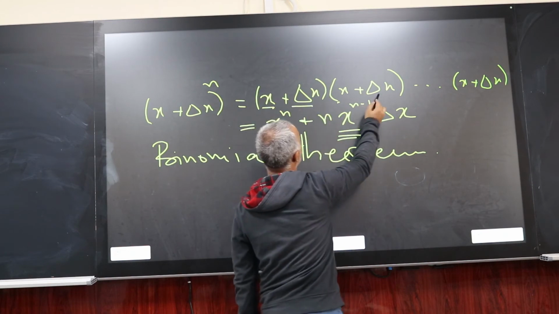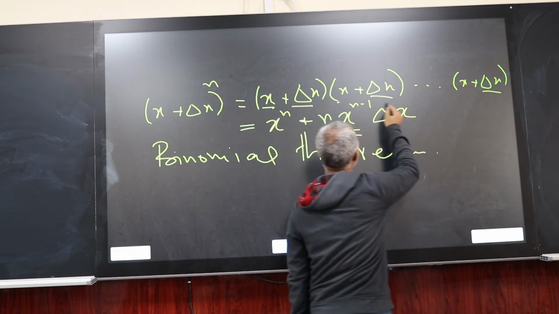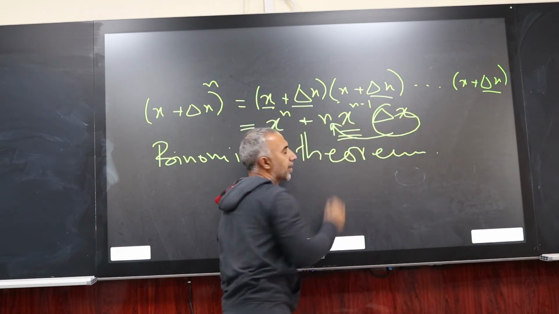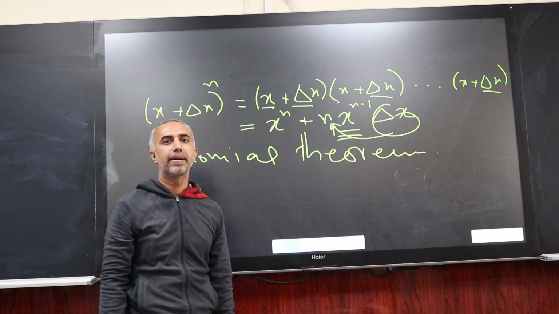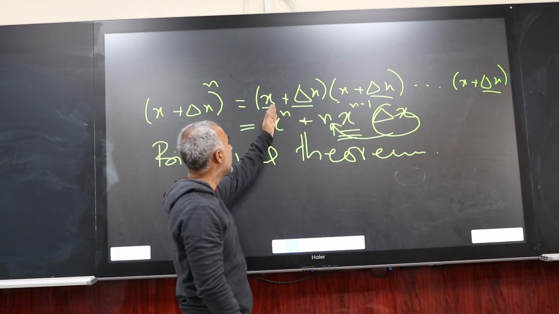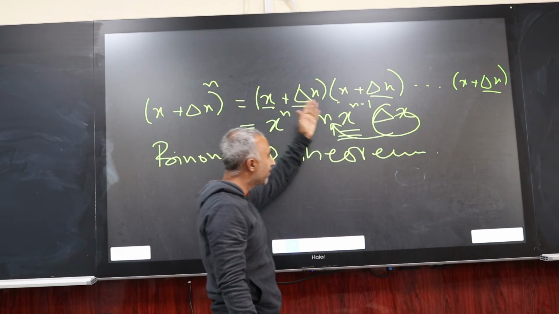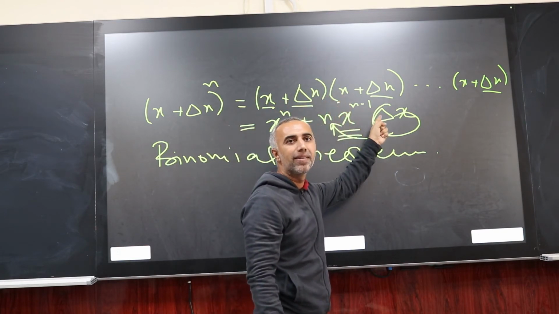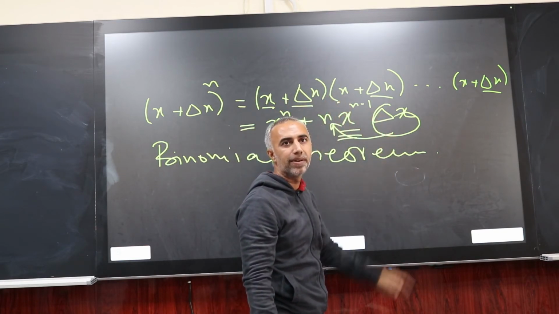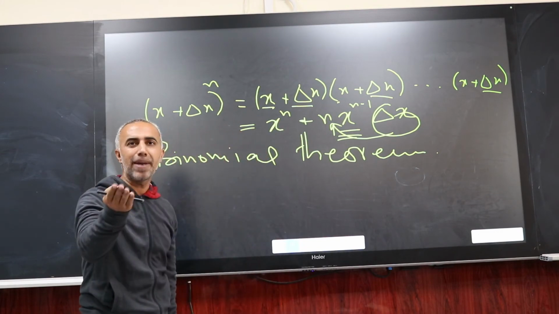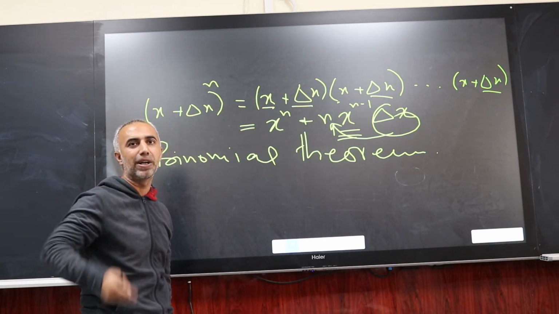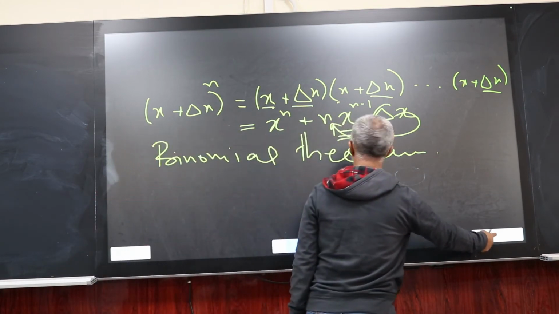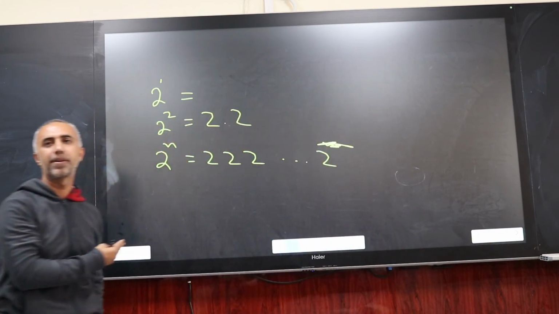But you are not considering this: it is one less than n, so this one. Once you multiply, you can understand this. It's not a big deal. As I told you, follow the same thing.